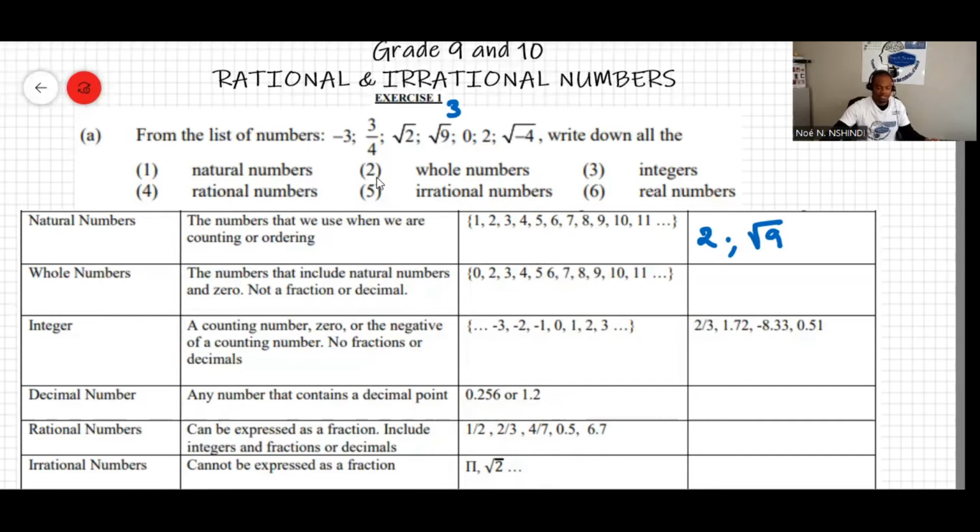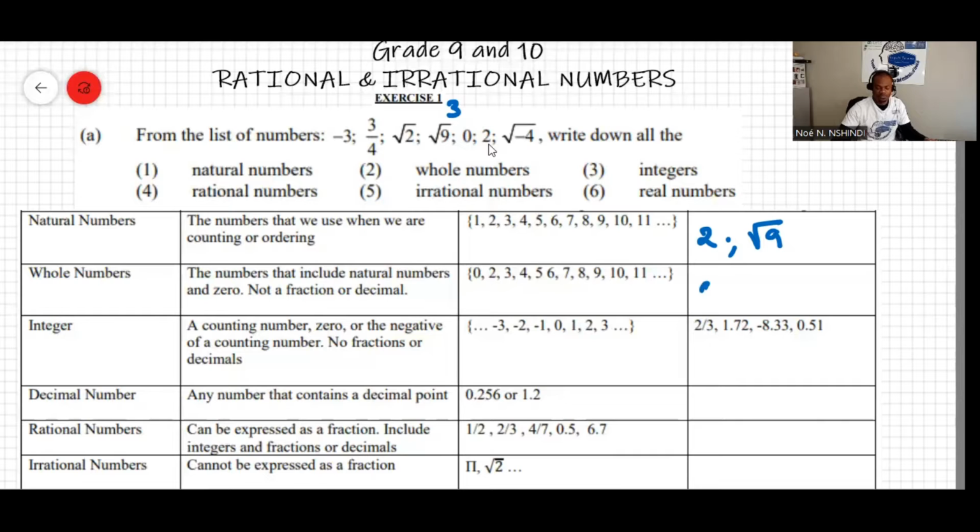Now, whole numbers then. Whole numbers are the numbers that include natural numbers and 0, not a fraction or decimal. So usually people say whole numbers are natural numbers with the 0. If I need to write whole numbers in this list here, I prefer to do it in ascending order.